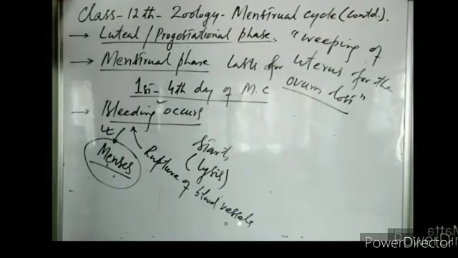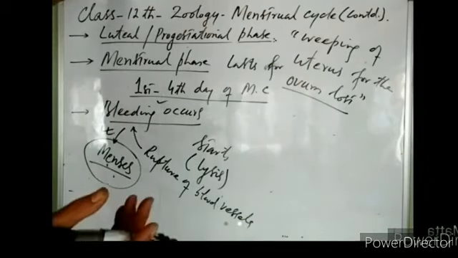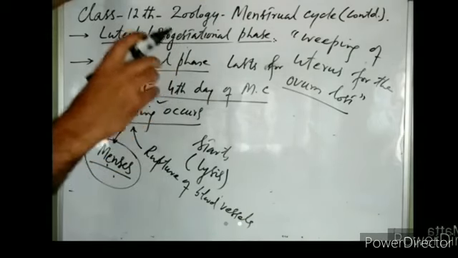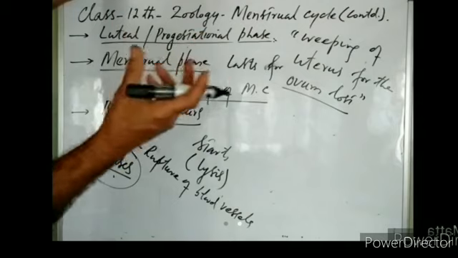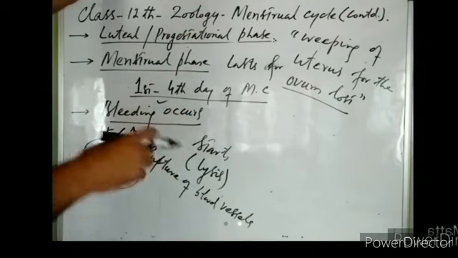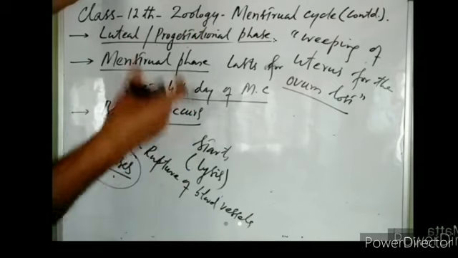Uterus had prepared itself for the process of implantation. Uterus has undergone changes. The thickness of uterine endometrium had increased so that it can receive the blastocyst, so that implantation could occur. Now, when the ovum is not fertilized, blastocyst is not formed.